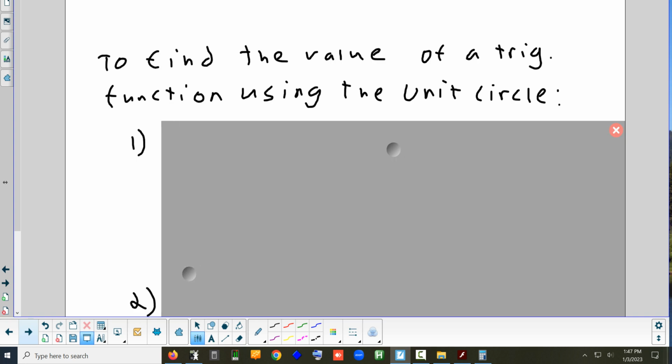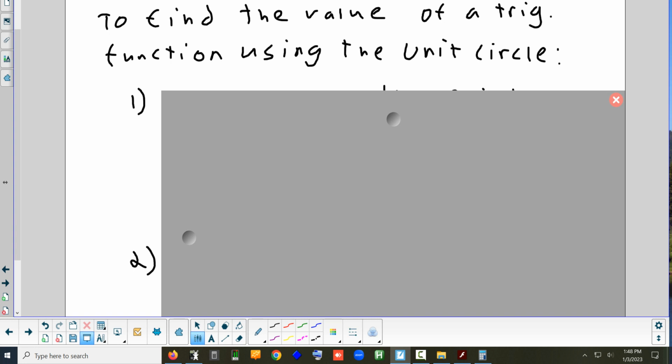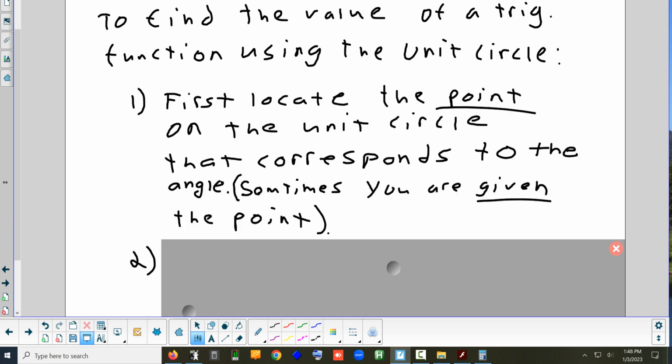Alright, so how do you do unit circle trig, right? We know it depends on finding the coordinate. That's the whole key behind it. But there's really 2 things you have to do. Finding the coordinate is step 1. You have to find a coordinate that represents the angle.